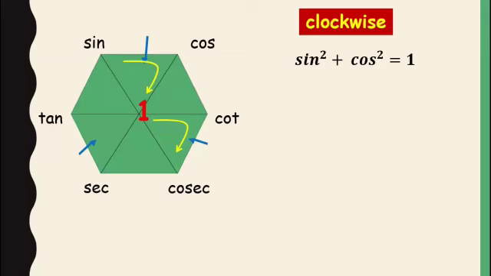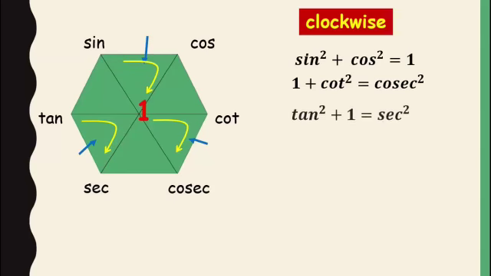Let's go clockwise in these triangles. 1 plus cot square theta equals cosec square theta. If we go clockwise in this triangle, we get tan square theta plus 1 equals sec square theta.